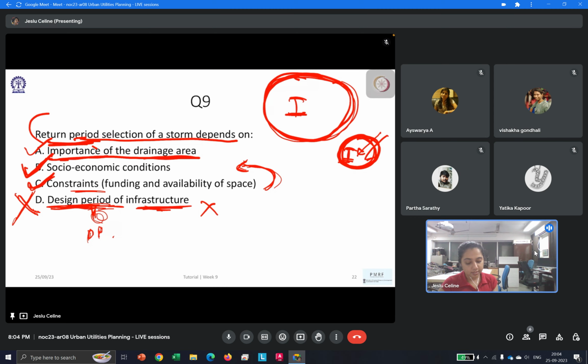But for return period selection, design period does not matter; this relationship does not exist. Okay, any doubts in this question?